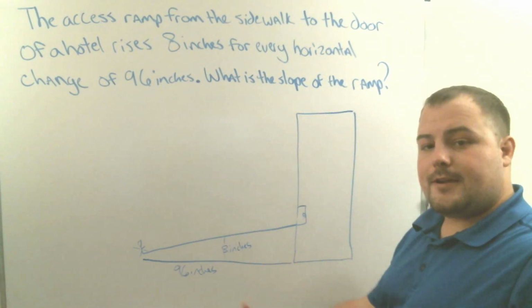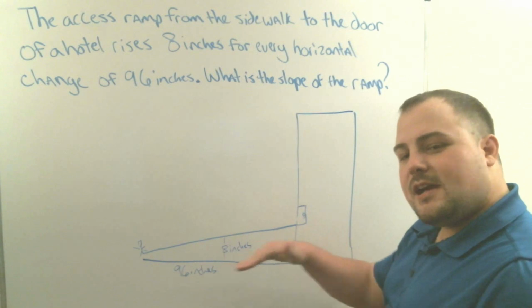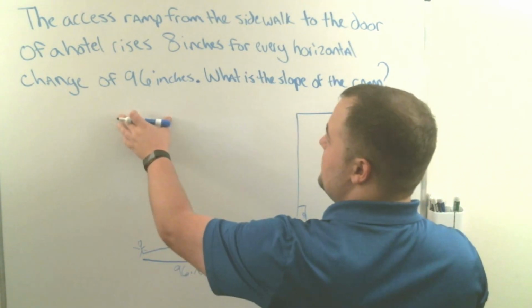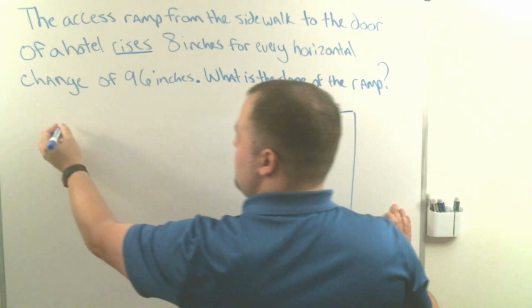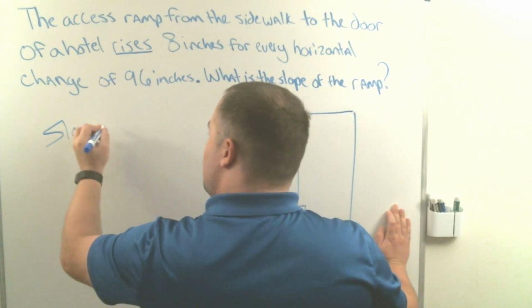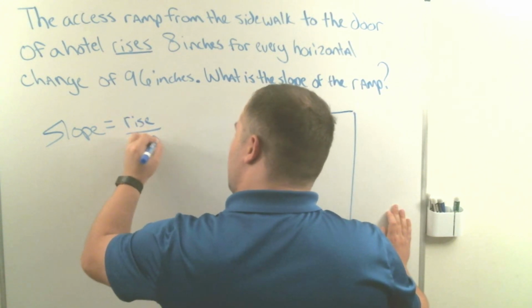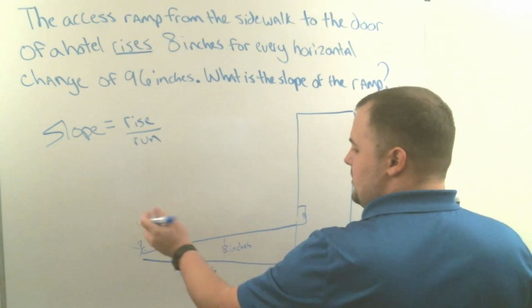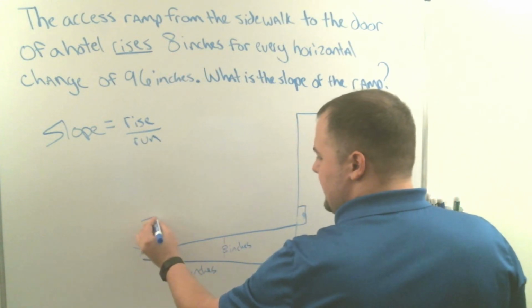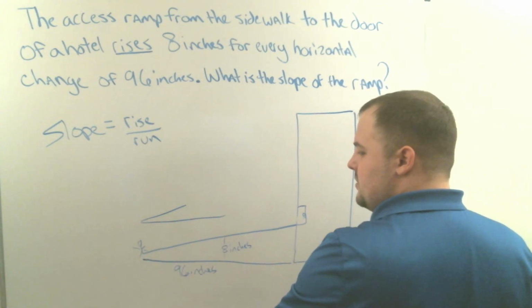So if I wanted to figure out what this slope is, what that angle is, how steep that line is, I need to figure out its rise, which there's a word right there, rise. We're trying to find the slope. So we need to figure out the rise over the run, the vertical change over the horizontal change. It's going to rise 8 inches. So every time it goes up by 8 inches, it's going to have a run of 96 inches.